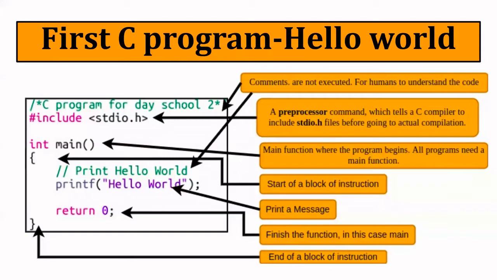This slide shows our first C program, Hello World. The main aim of a program is to complete a task. It has a set of instructions to complete a task.